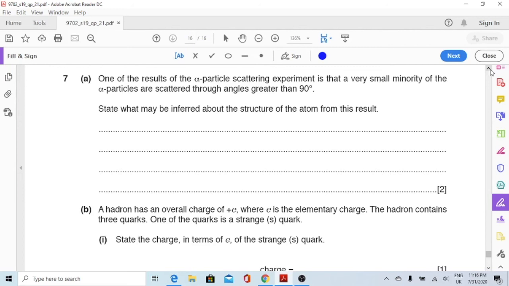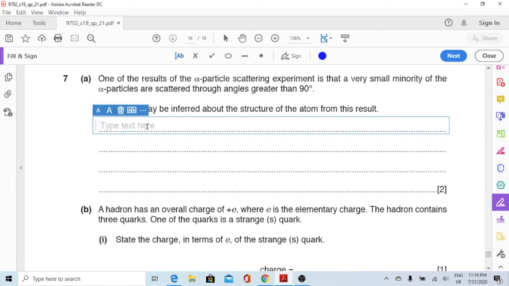Firstly, it is said that it scatters, which means repulsion takes place, and repulsion takes place only when same charges come before each other. So it is deduced that the nucleus is positively charged. It is a charged particle, and most of the mass of the atom is concentrated in the nucleus. That's what scatters.